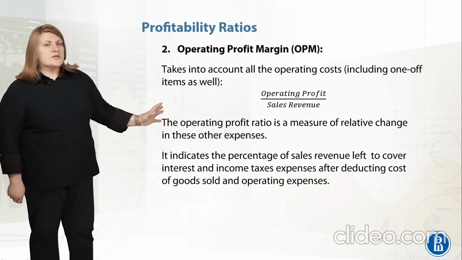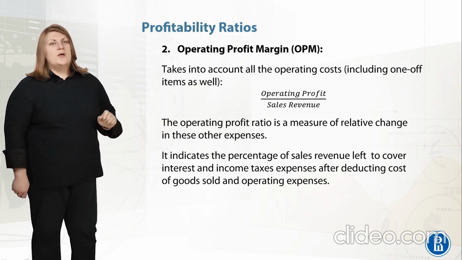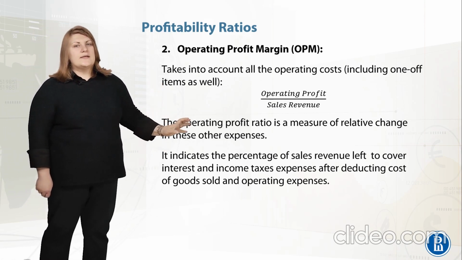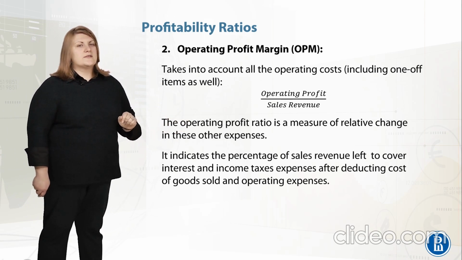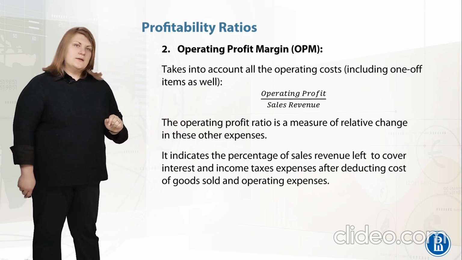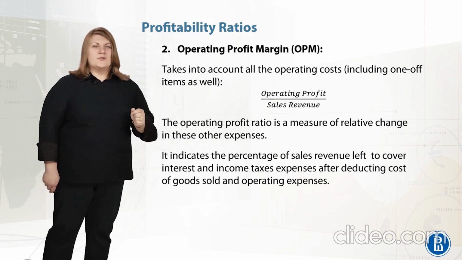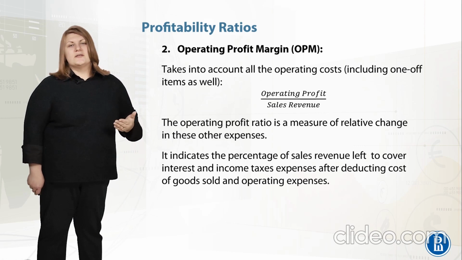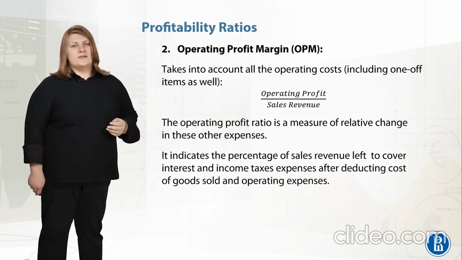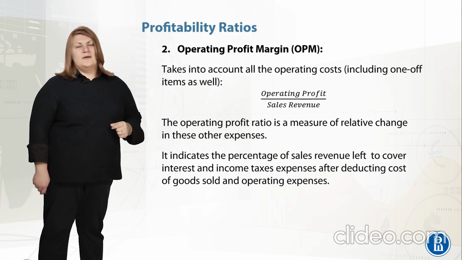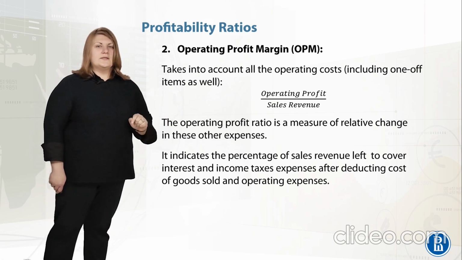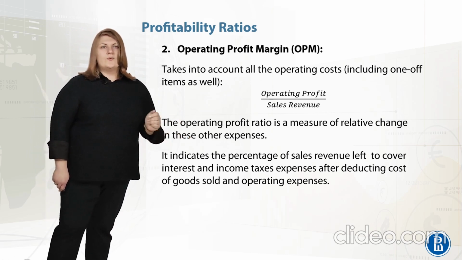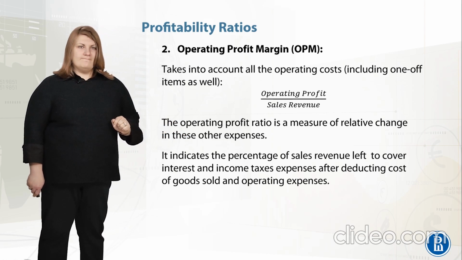This ratio, operating profit ratio, measures a relative change in these other expenses. What is more, this ratio will indicate the percentage of sales revenue which is left to cover interest and income taxes expenses, of course, after deducting cost of goods sold and operating expenses.